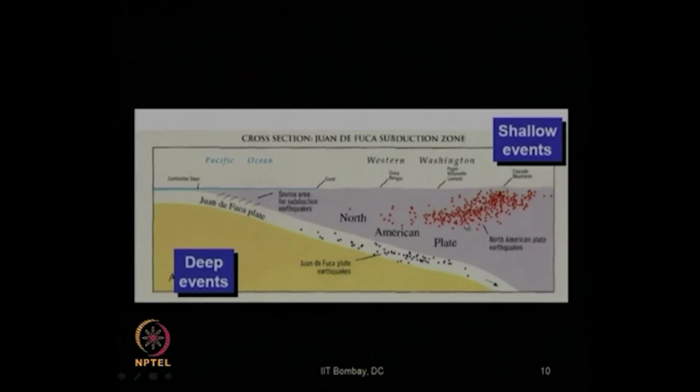Now, North American plate earthquakes are clustered, these are typically shallow events, whereas here you have the deep events at these locations below the sea, the Pacific Ocean, and this is the western part of Washington. So, that is how you have to find out the subduction zone, and once you get the subduction zone, the next step will be to identify which portion or which segments are responsible for a particular earthquake.